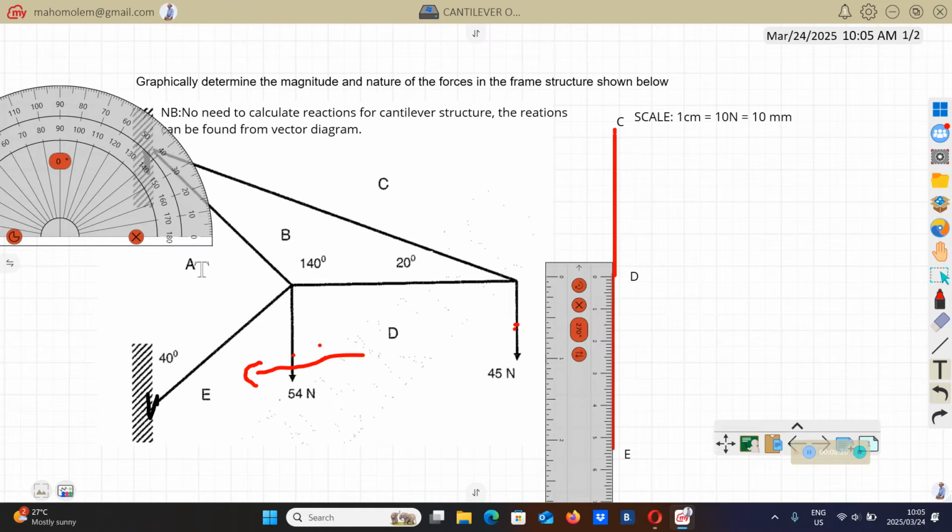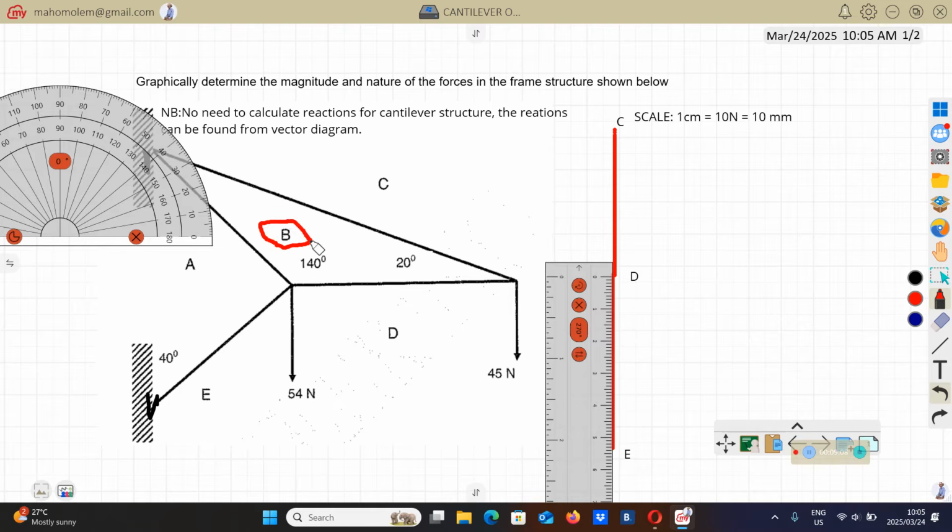And now we have to find the spaces A, C, and D. So to find, maybe B, let's start with B.